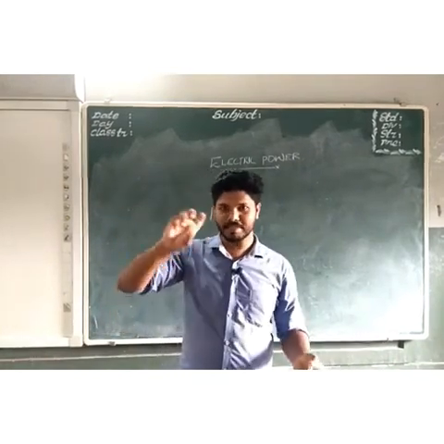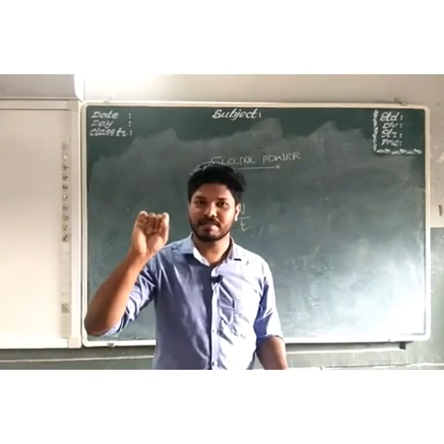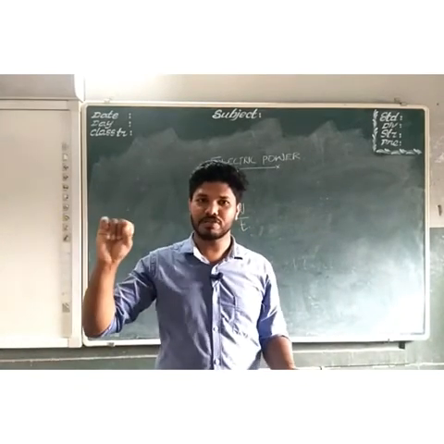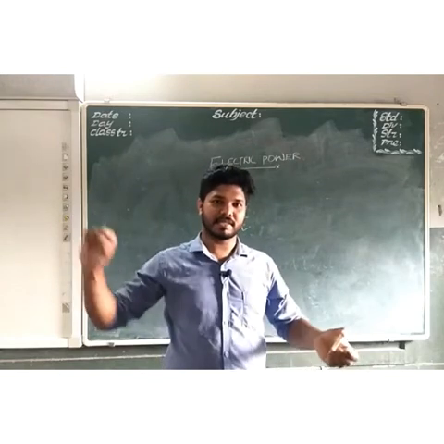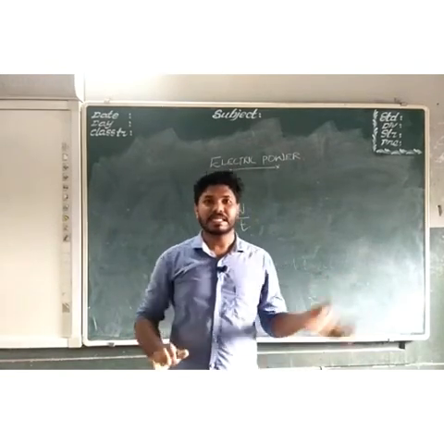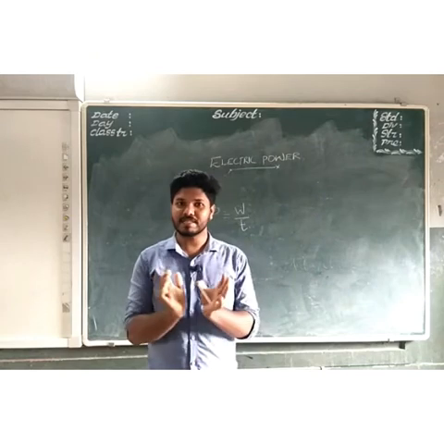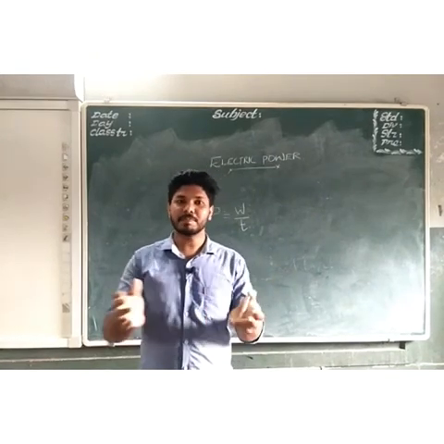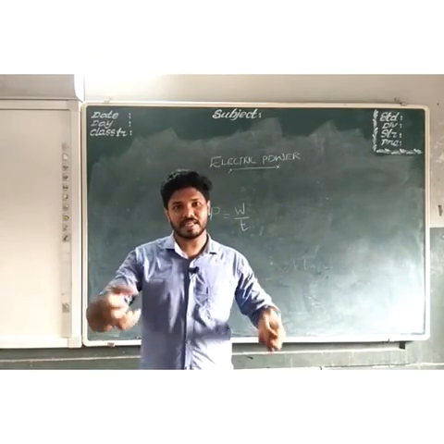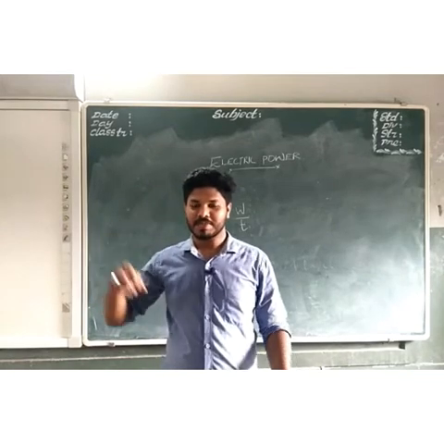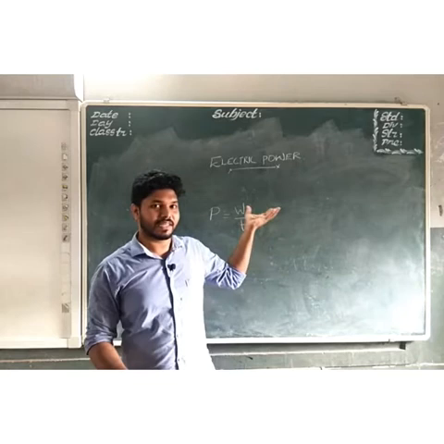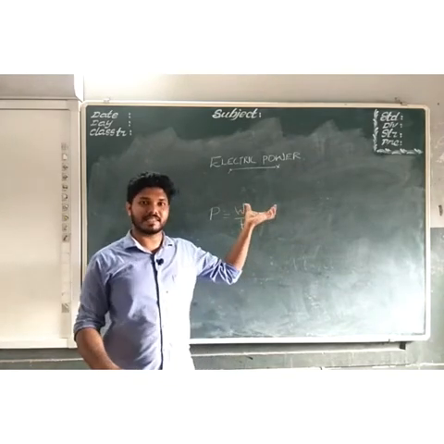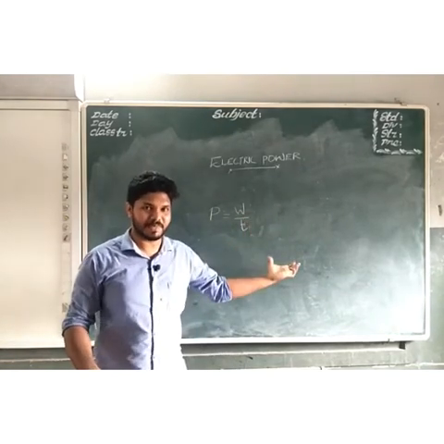When you examine this electric bulb, you can see 15 W or 30 W written there, according to each electric device. That gives us an idea about how much power it takes, how much energy it will consume. So power is simply the measurement of the rate at which electric energy is consumed or dissipated.